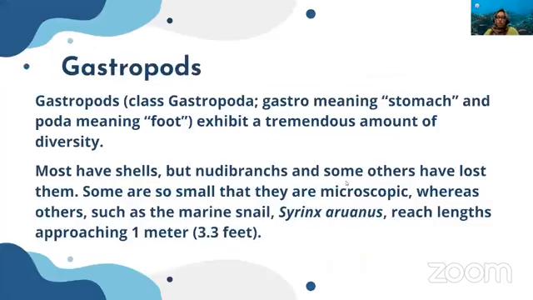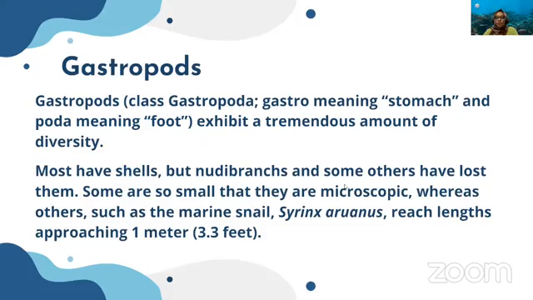The next class we're going to study is Gastropoda. Gastropoda means gastro, stomach, and poda, foot. This class is very diverse.